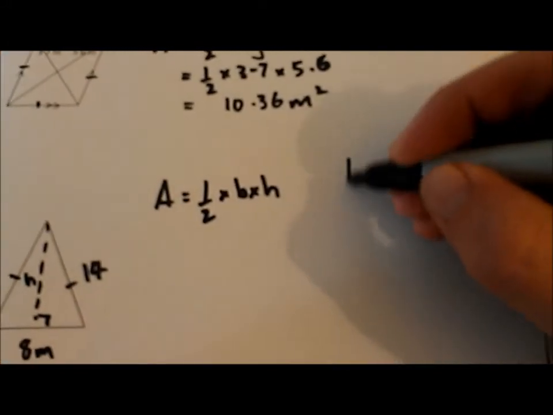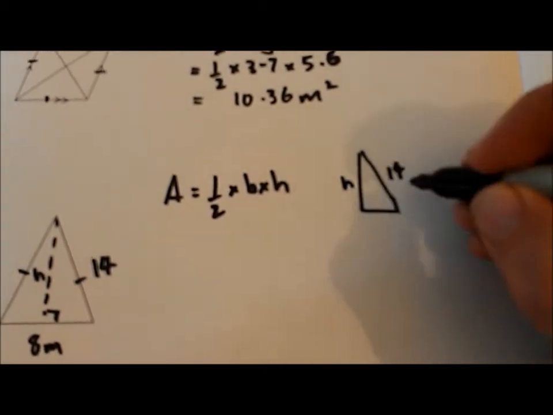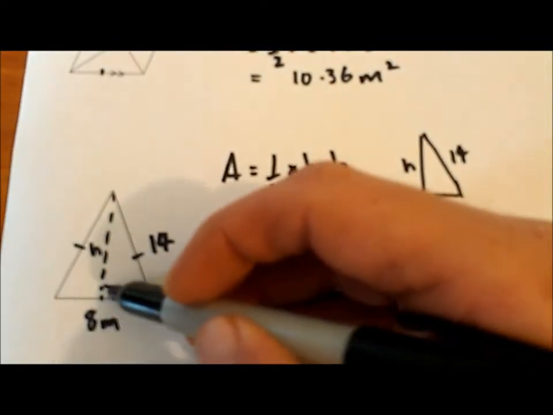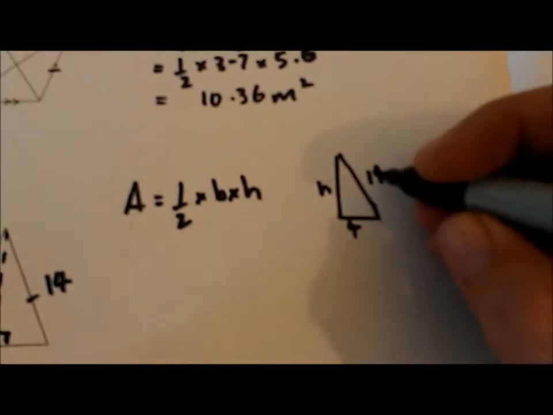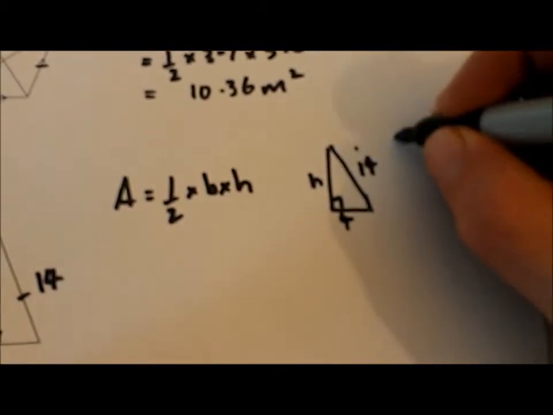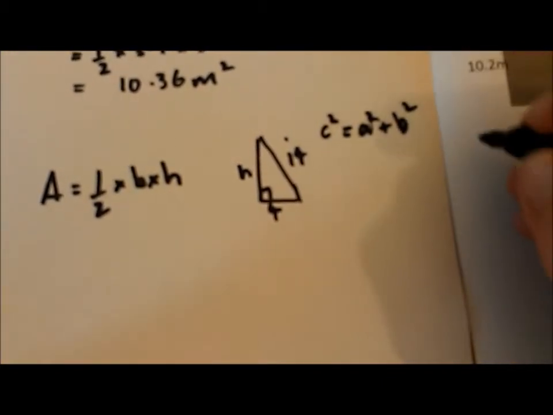So if I do that over here, I have 14, I have h. Because it's an isosceles triangle, this line here, at right angles to the base, will cut the base in half. This will be 4. So Pythagoras' theorem, there's my right angle, c squared equals a squared plus b squared.